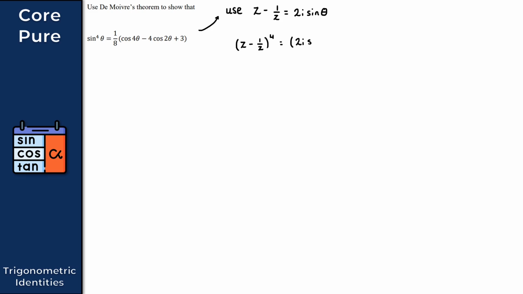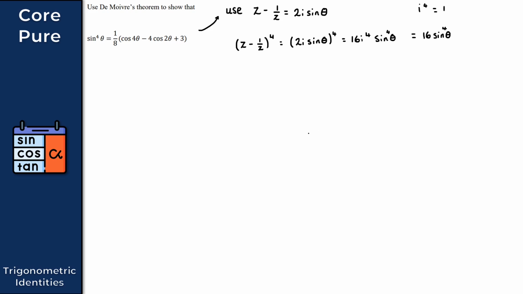We've got 2i sine theta to the 4, which once we evaluate this, we get 16i to the 4 sine theta to the 4. You should be aware, as we demonstrated in the previous question, that i to the 4 is just 1. So what I get here is 16 sine theta to the 4.